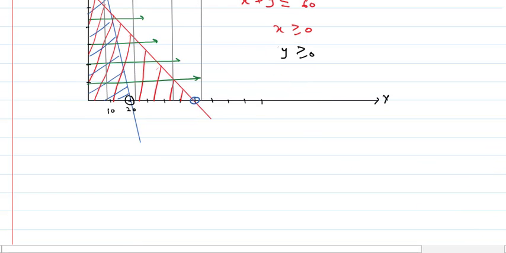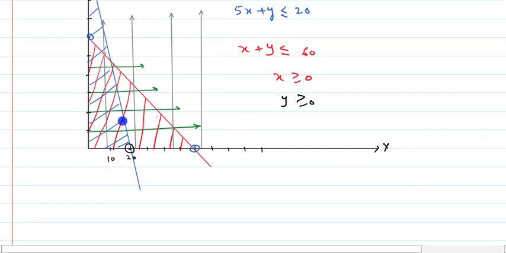So clearly the region, let me name it as O, A, B, C. This is point B where the two lines are intersecting each other. So O, A, B, C is the region where we are getting shading for all the colors, or you can say for all the constraints.